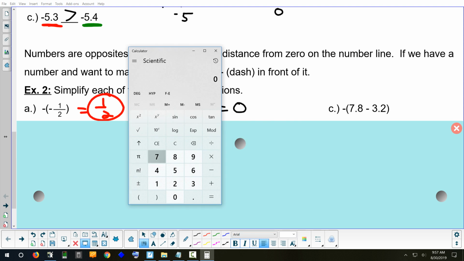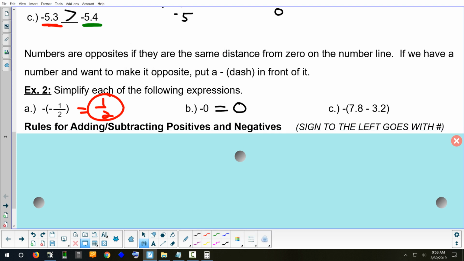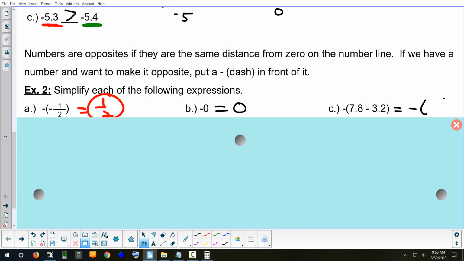Okay, so let's subtract 7.8 minus 3.2. I get 4.6. Now, did I do anything with the negative on the outside yet? Nope. Just leave it. And then what did we get when we subtracted? 4.6, thank you. So I'm just going to put it up here because I ran out of space. If you want to pronounce that, that's the opposite of 4.6. So what's the opposite of 4.6? Negative 4.6.